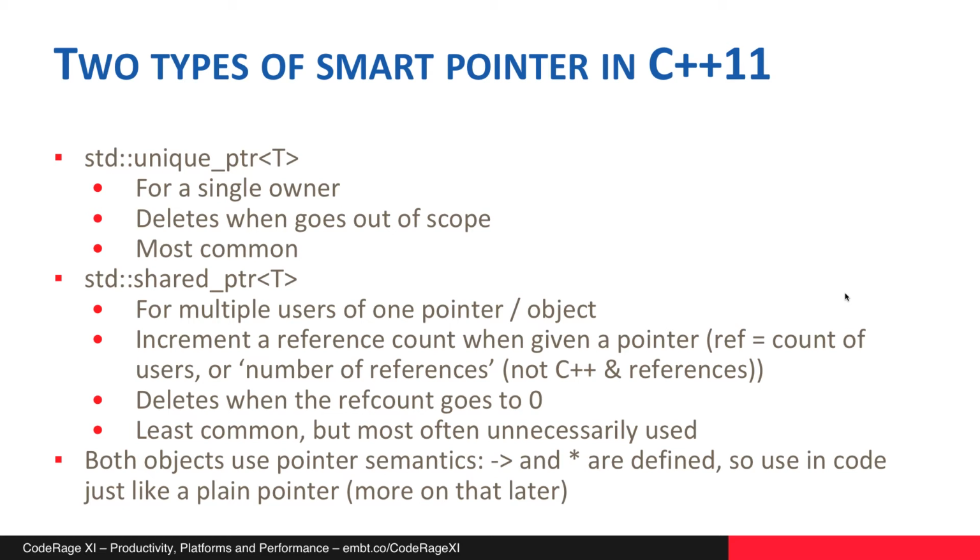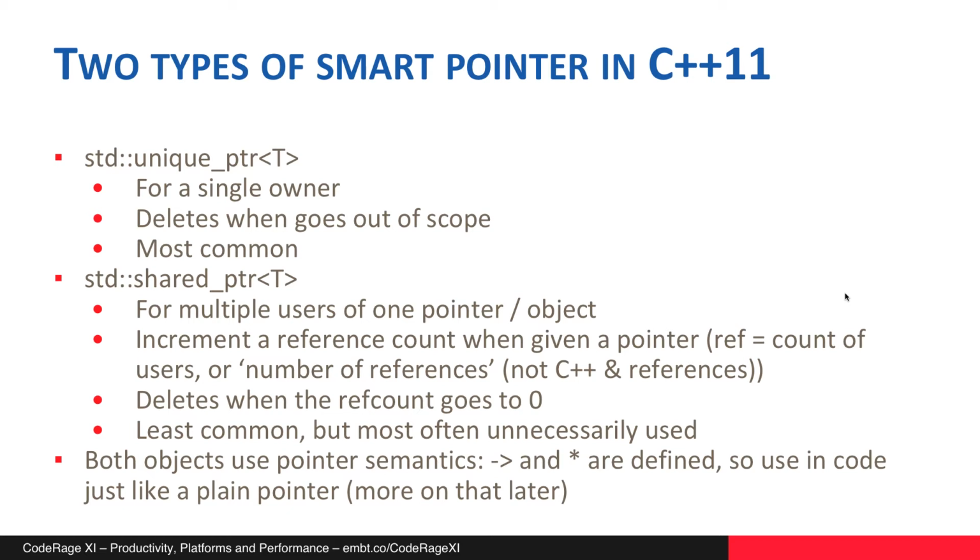So it increments the ref count when it acquires a pointer, and it decrements the ref count when it is destructed. But if it is the last reference, so the ref count goes from 1 to 0, then it deletes the pointer that is given. And it is the most often unnecessarily used type of smart pointer.